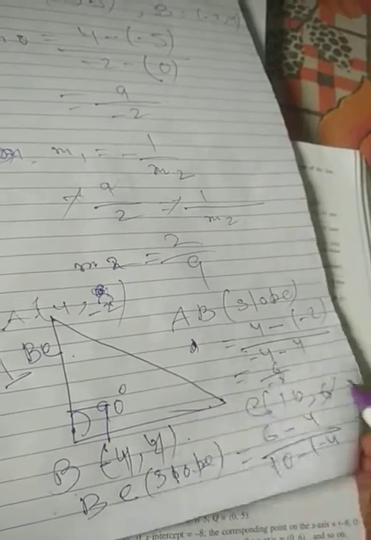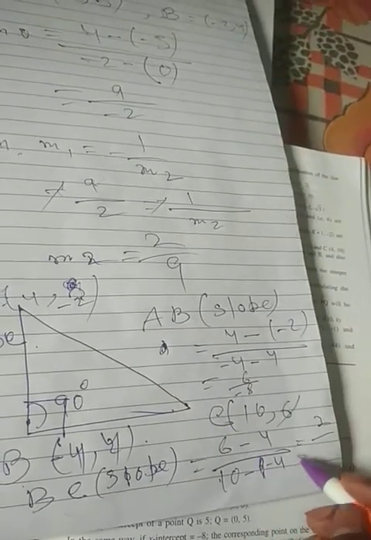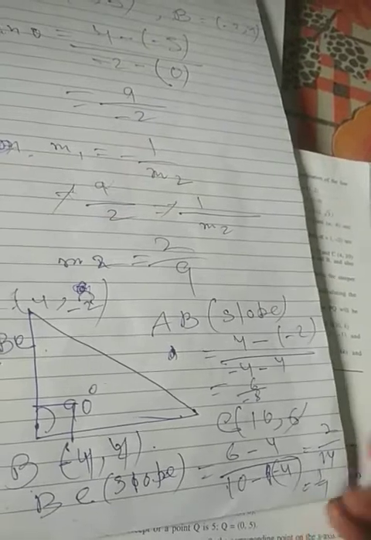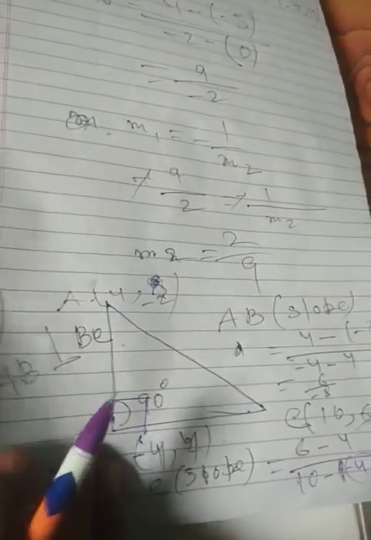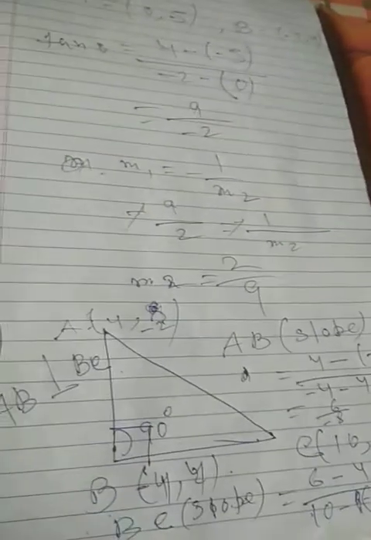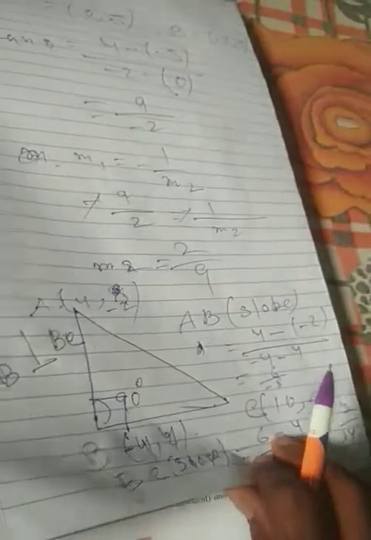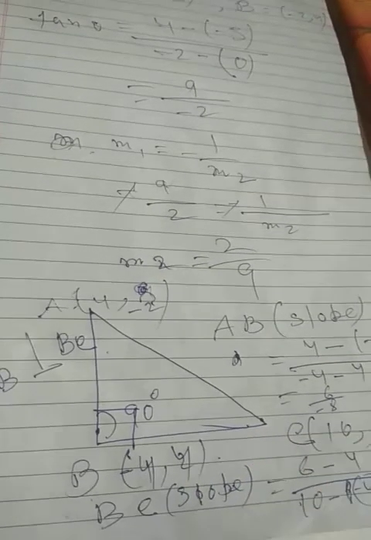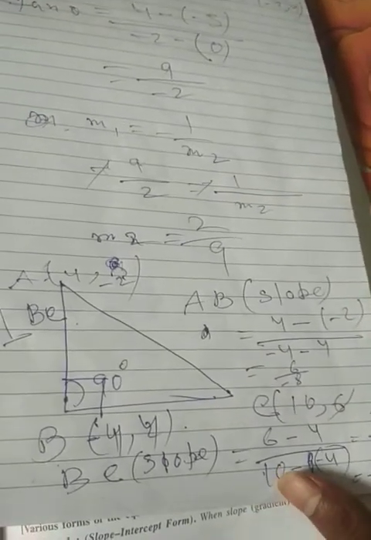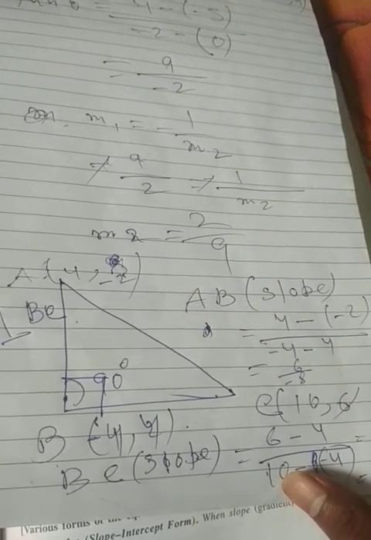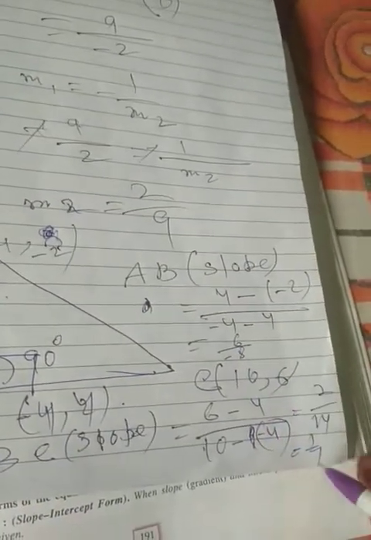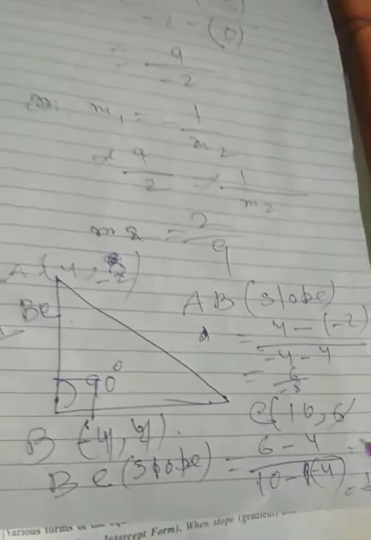So that becomes 2 by 14, so 1 by 7. Okay, so that becomes 6 by 8, and that becomes 2 by 14. There is some mistake. I'll check it again.